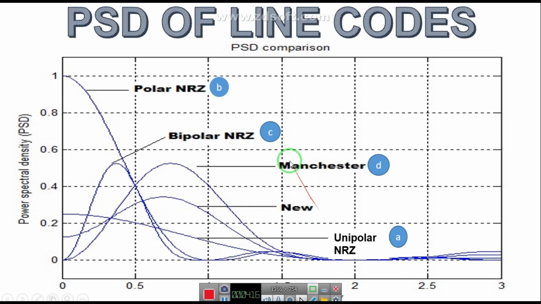Next, moving towards curve B. Curve B is the power spectrum of polar NRZ. It shows the normalized power spectrum of this format. Most of the power lies in the main lobe. This is the main lobe of your sinc function.